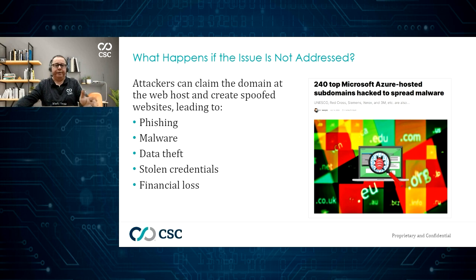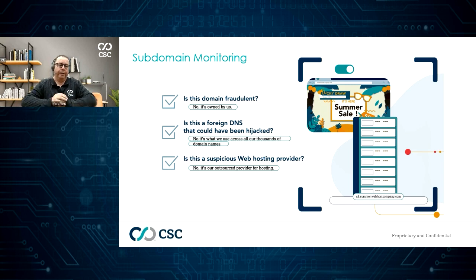And obviously data theft, stolen credentials, financial loss are 3 of the other big things that can occur here. But for a cyber criminal, all the questions that we ask, all of the systems that we've got in place, they're all kind of bypassed if they're able to do this. Because is the domain fraudulent? Nope, it's owned by us. All right, is it on another DNS that could have been hijacked?